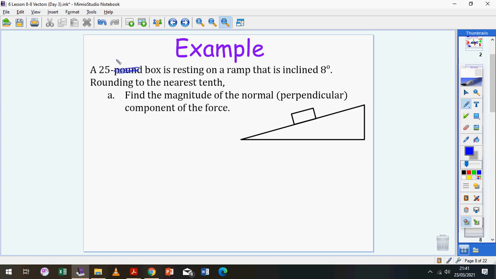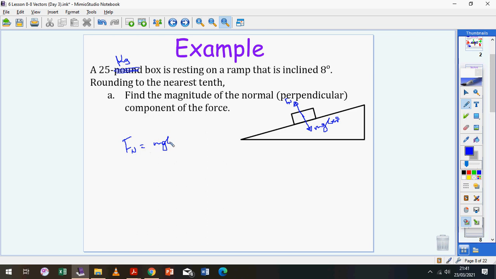And then I know that the perpendicular component of the force is acting this way, and it's equal to the normal force. That component of the force is mg cosine theta, and the normal force is Fn, so the normal force is equal to mg cosine theta. I'll just substitute my values.